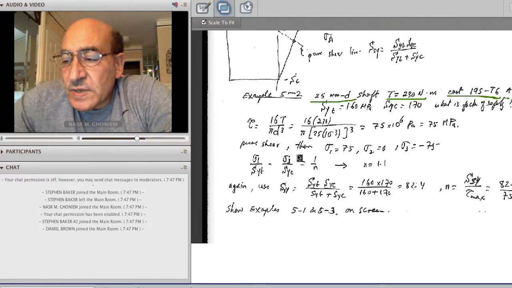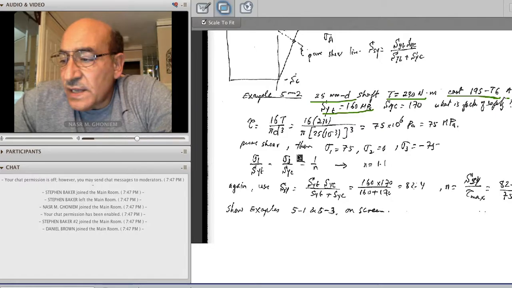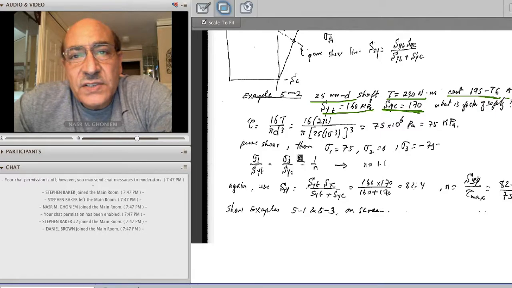The cast aluminum has a yield strength in tension of 160 and in compression 170. So in compression it's a little bit better than tension, but not by much. Anyway, we want to find out the factor of safety for this case.